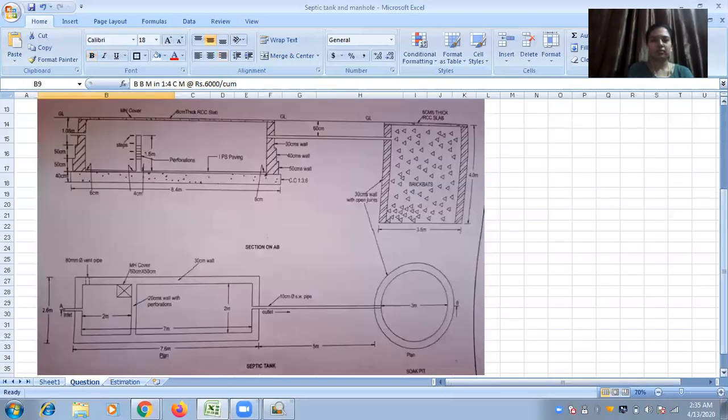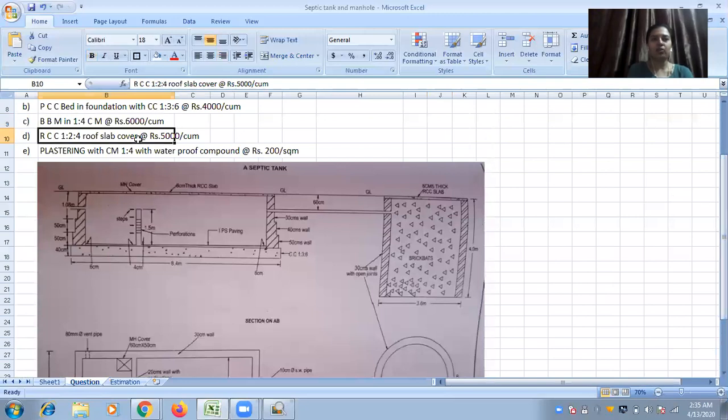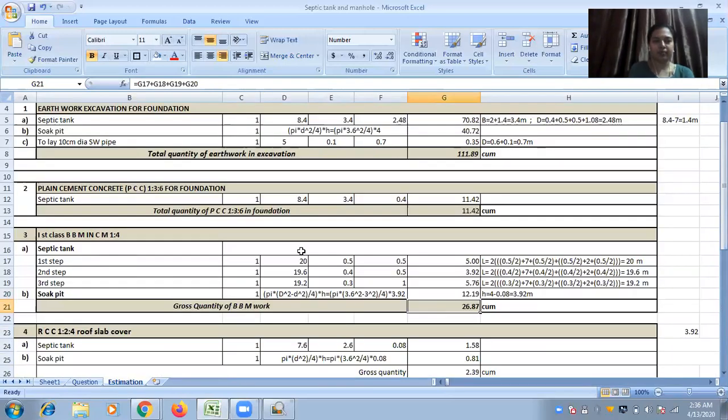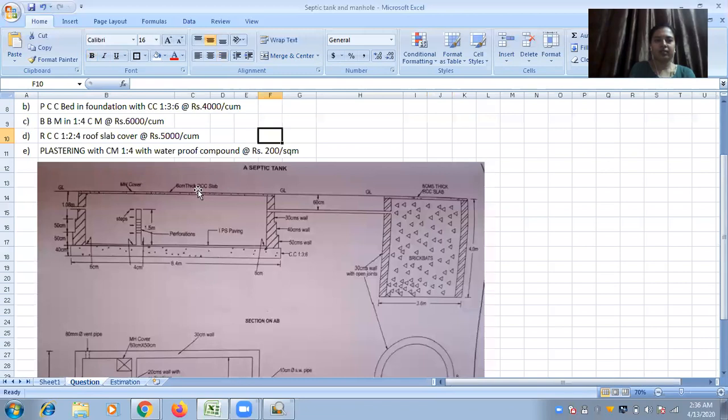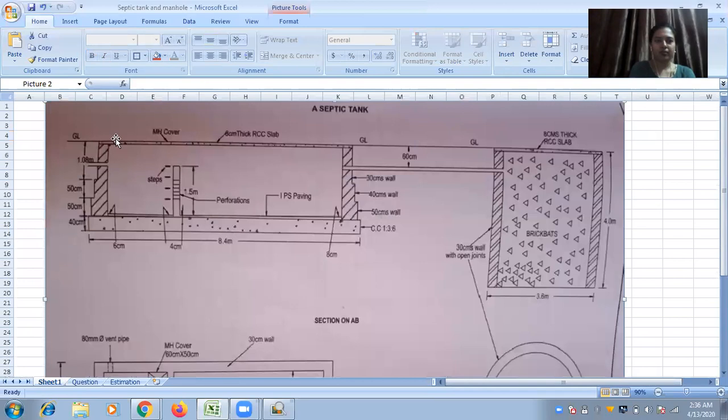Next question is RCC roof slab at rupees 5,000 per cubic meter. In this question, they need the RCC calculation with volume because they have given the rate per cubic meter. That means length, breadth, depth, everything you have to give. In the given sketch, you can observe this is the slab cover and this is another slab.